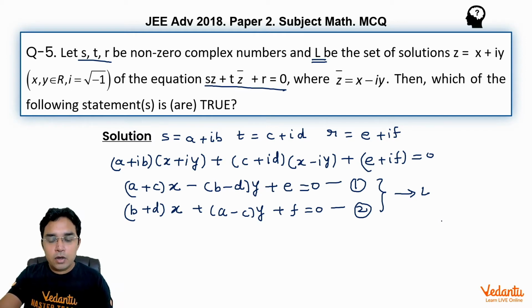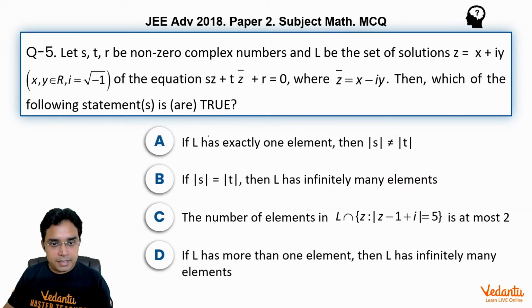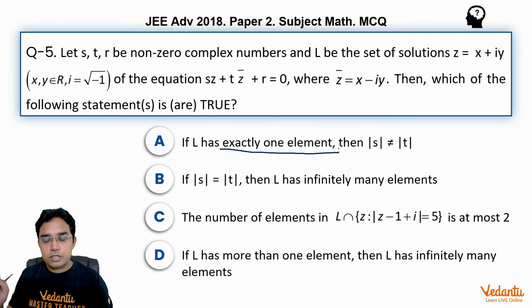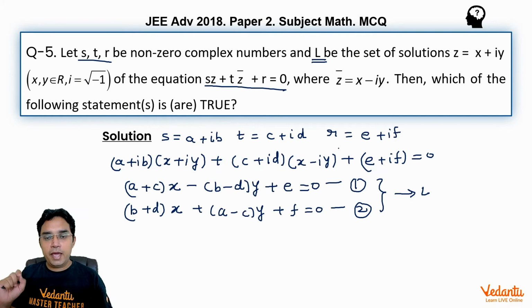Let us read options one by one. A says if L has exactly one element, then |S| is not equal to |T|. Now, if L has exactly one element, these lines should not be parallel.